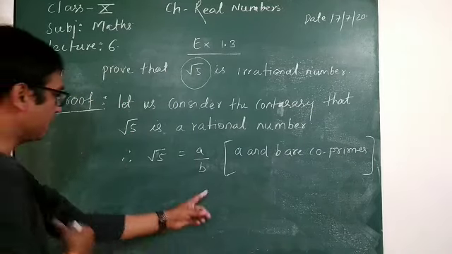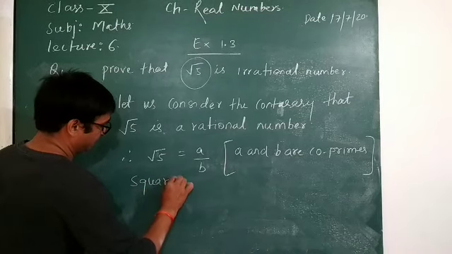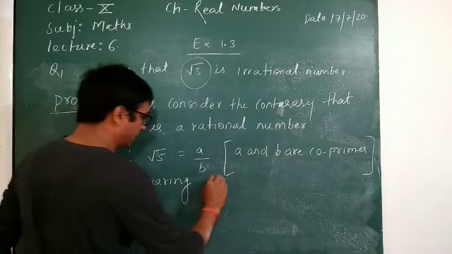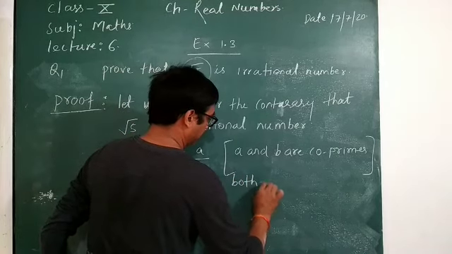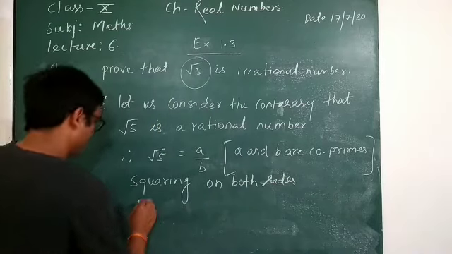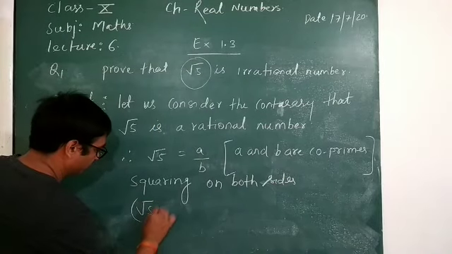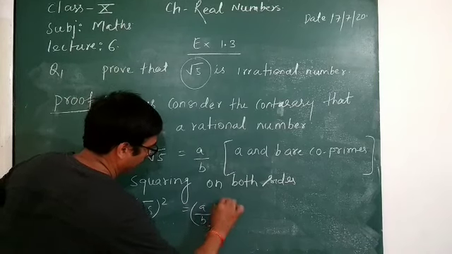Now squaring both sides, it's very easy if you understand once. We get root 5 square is equal to a by b square.